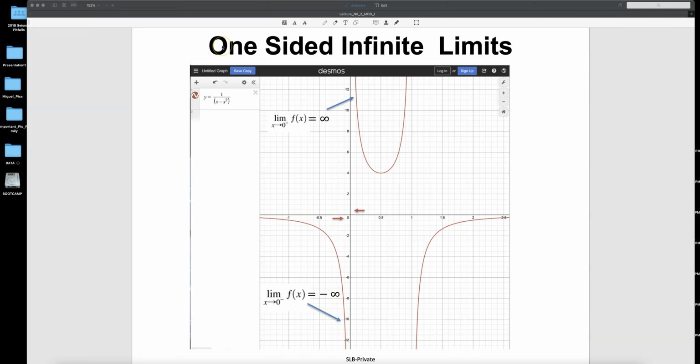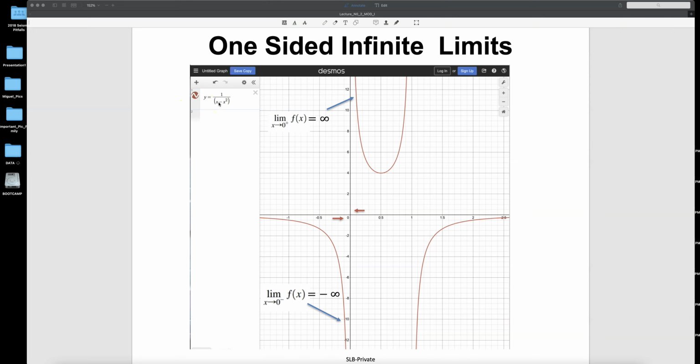In that case, we say that these are one-sided infinite limits. Why is it an infinite limit? Because the function grows in a very random or arbitrary way. But from one side it grows in the positive real numbers direction, and on the other side it goes in the negative real numbers direction. Okay, that is the behavior around 0.